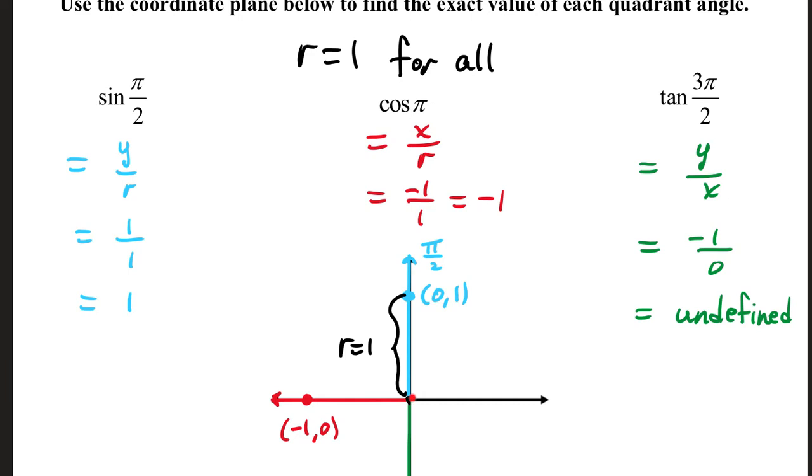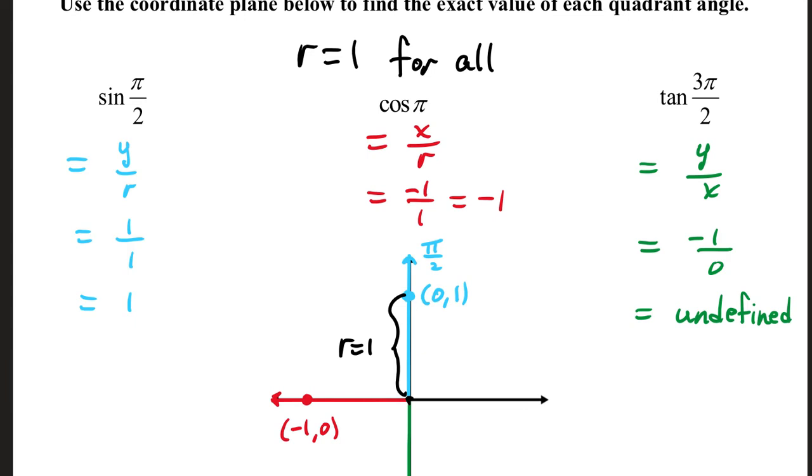Now, to keep the distance from the origin to our point at 1 unit, I choose the point (0, 1). Recall that sine is defined as the y-coordinate over the distance from the origin, y over r. So my y-coordinate is 1, and I've carefully picked a point that has a distance of 1 from the origin. So sine of pi over 2 or sine of 90 degrees, that's equal to 1.